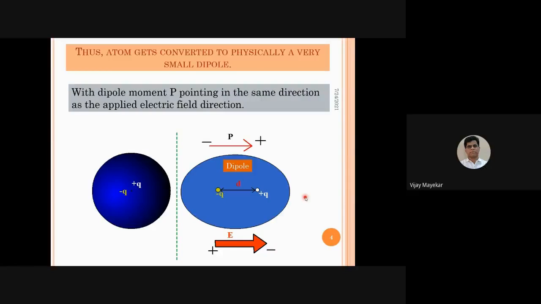It is depicted over here. The direction is the same as that of the applied electric field. But you can notice that the electric field starts at the positive end and is directed away towards the negative end, whereas the polarization direction is taken from the negative end to the positive end.